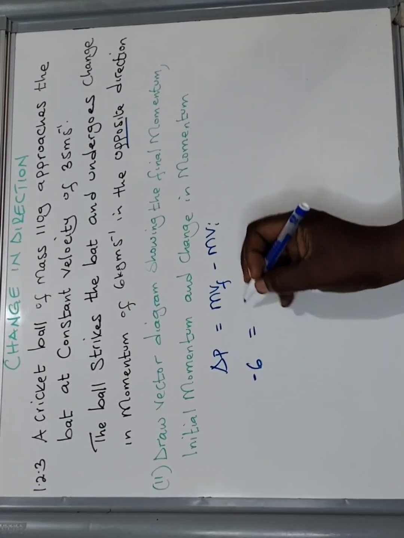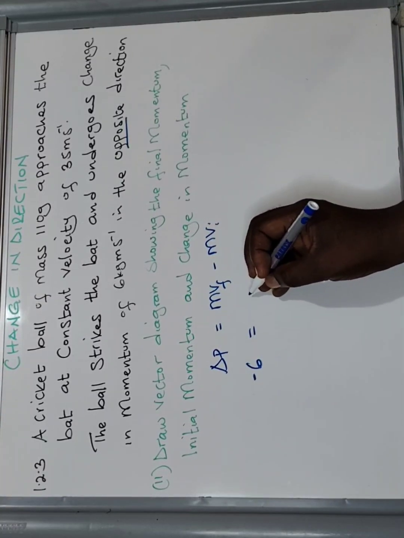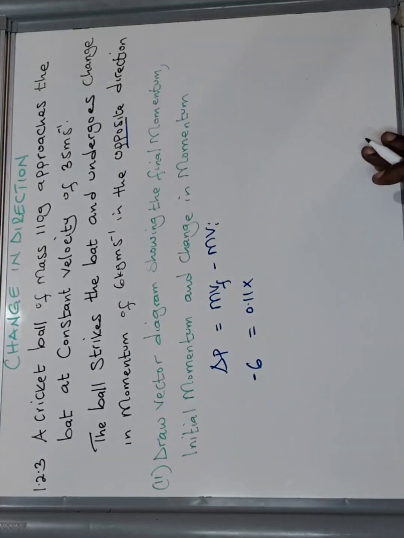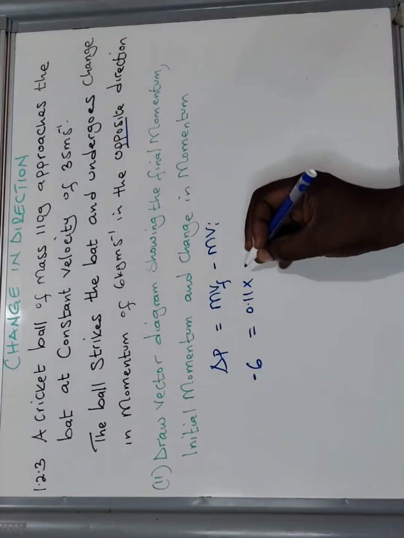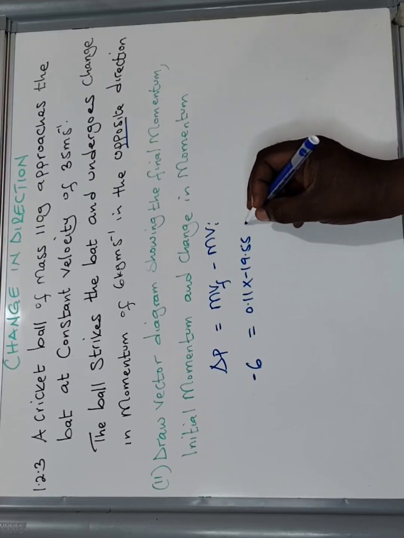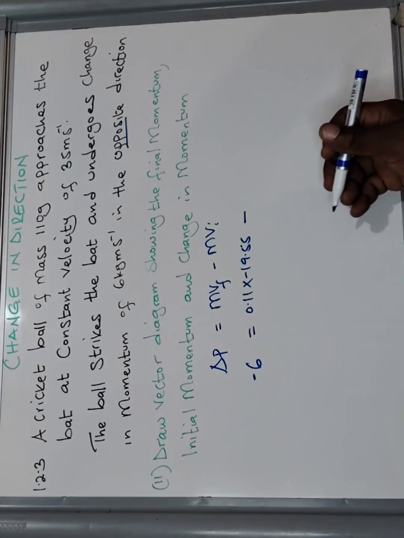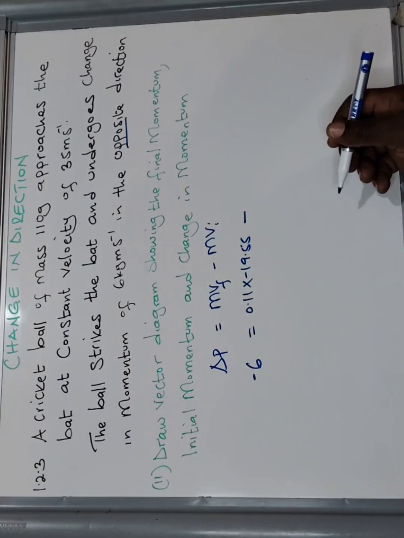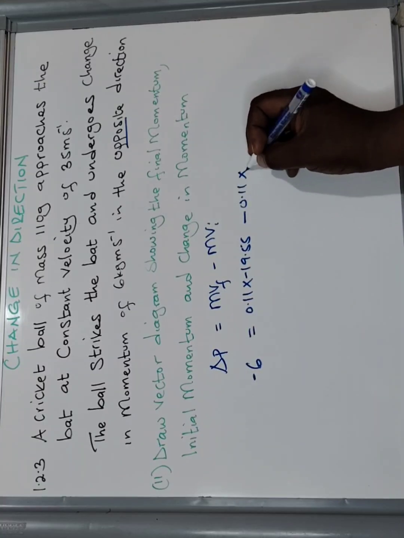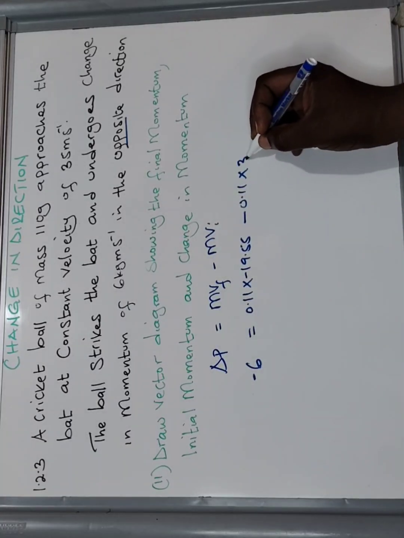Yeah, for PF, what do you have? We know the mass, which is 0.11, and we found our final velocity as negative 19.55. Okay, then you proceed and find our mvi, where this one is going to be 0.11, and our initial velocity was 35.